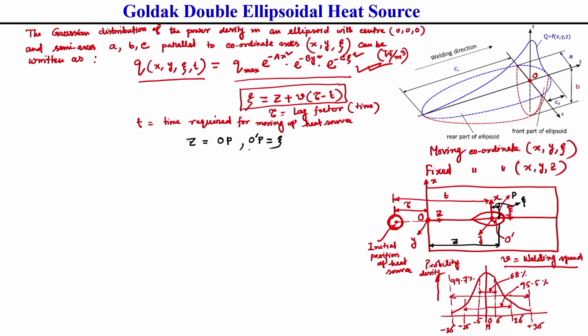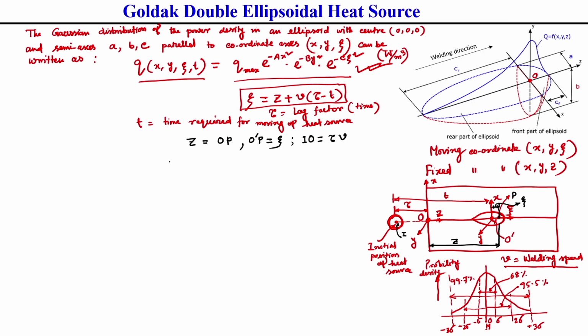And the initial position of the coordinate system, let us consider, I. So, here I am writing IO, representing the lag factor tau into the velocity of the welding heat source. Now I am going to make a relationship. For a time T, how much distance does this heat source move?